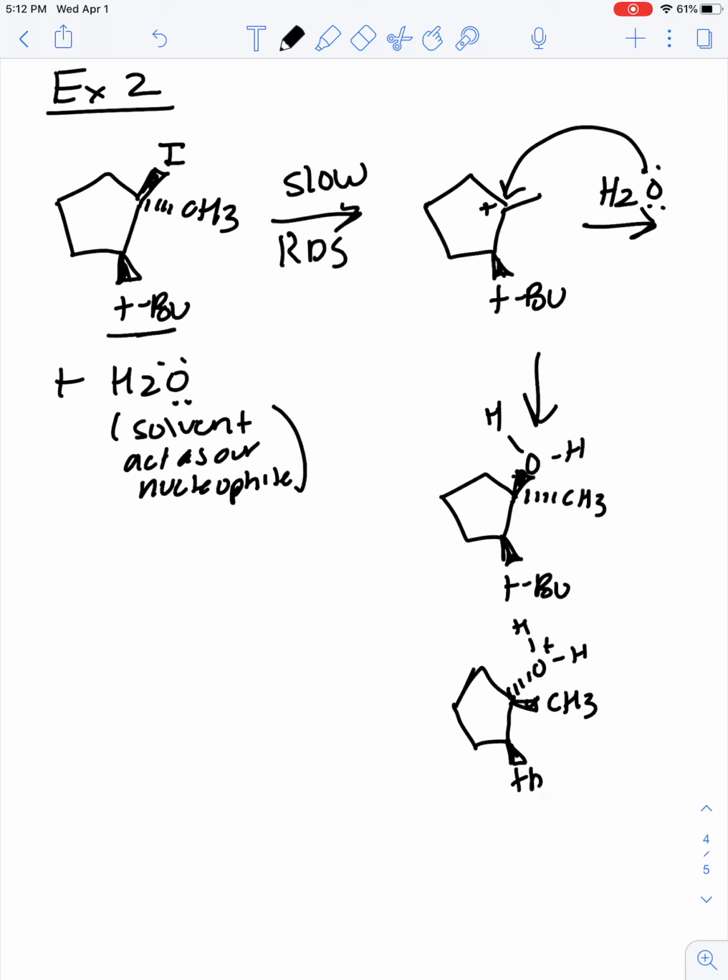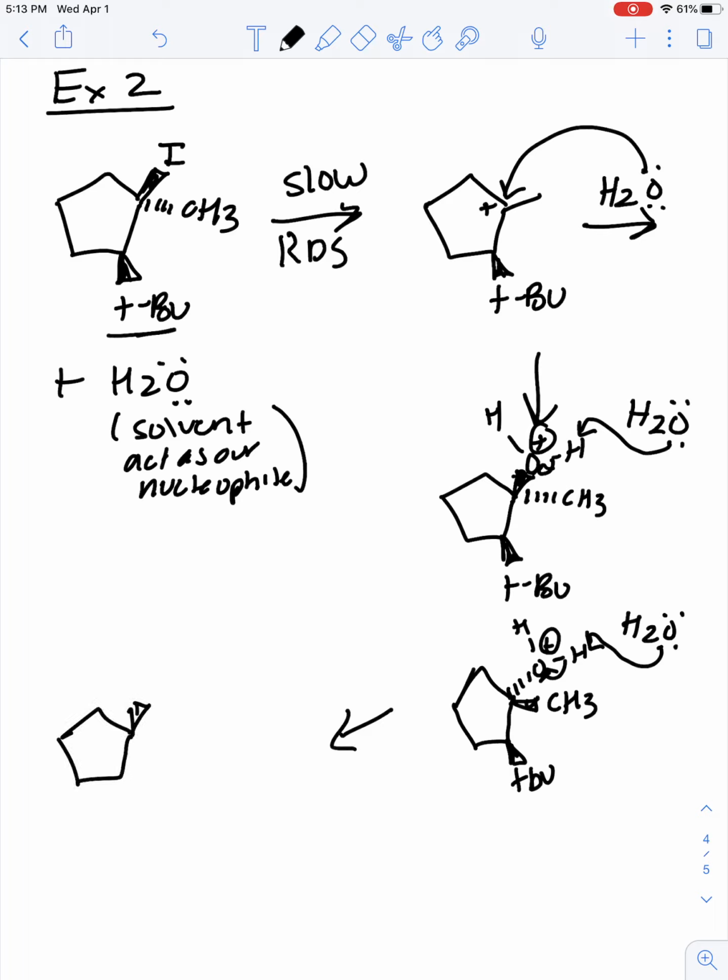One thing you should notice is that oxygen is going to have this plus formal charge, and we don't want oxygen to have that plus formal charge. So what actually happens is your solvent, water in this case, will deprotonate one of those protons. It's going to take this proton here, and it can take this proton here. So our end products are going to look like this.